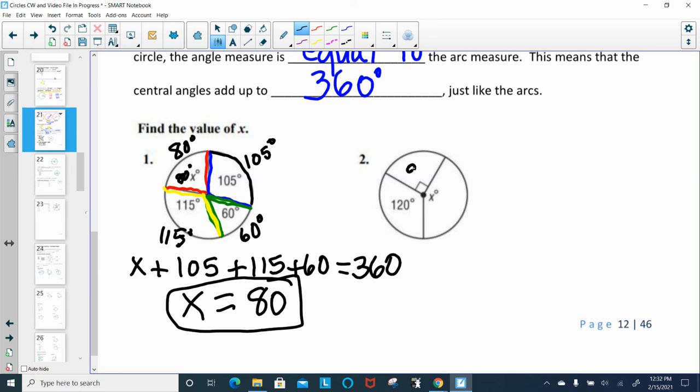Here we have a 90 and an X and a 120. So we have 3 central angles that add up to 360. So again, I'll go over to my Desmos calculator.